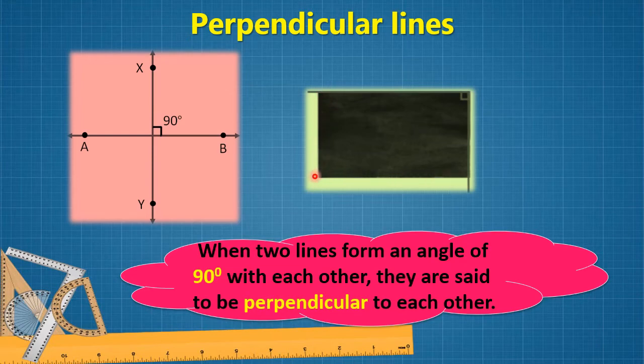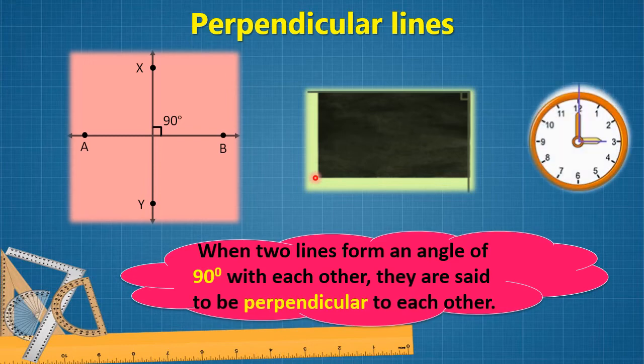Let us see one more example. Here, many a times the long hand and the short hand of a clock make an angle of 90° with each other. As you can see here, it's 3 o'clock in this clock.